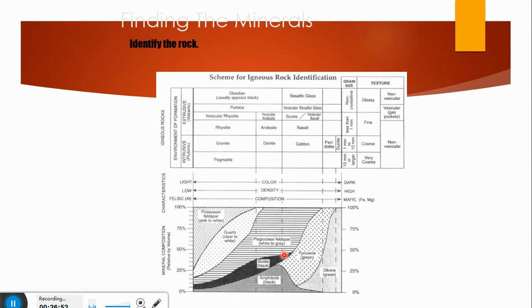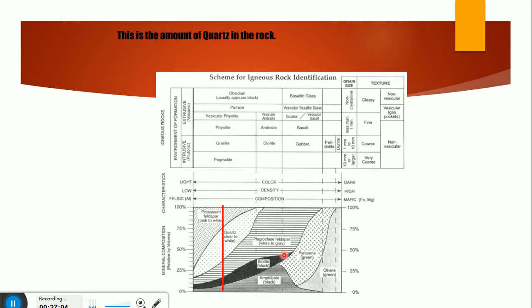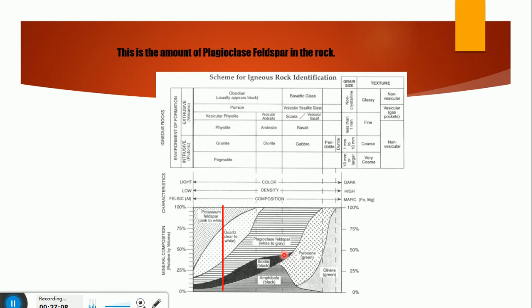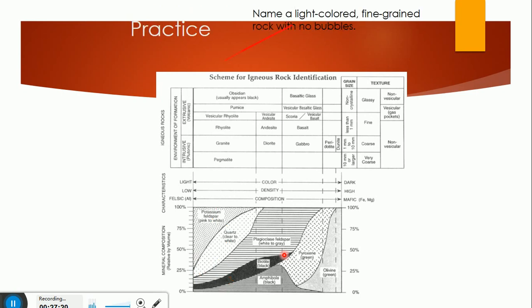On the basis of this diagram, you can also identify the rock and the percentage of the minerals. For the rhyolite, you can calculate the percentage on the basis of this. This is the amount of plagioclase feldspar in the rock, and this is the amount of rhyolite in the rock, and 25% of plagioclase feldspar, quartz, and potassium feldspar. Practice this for the light color.